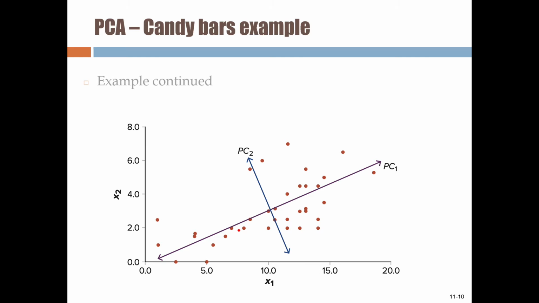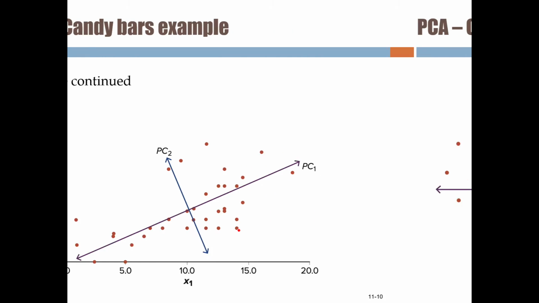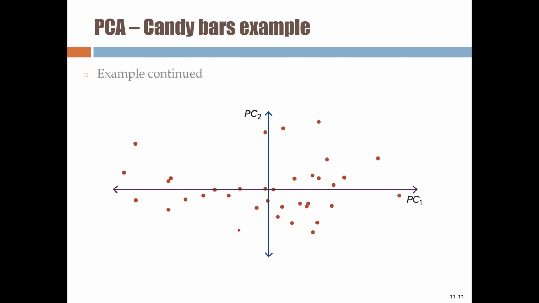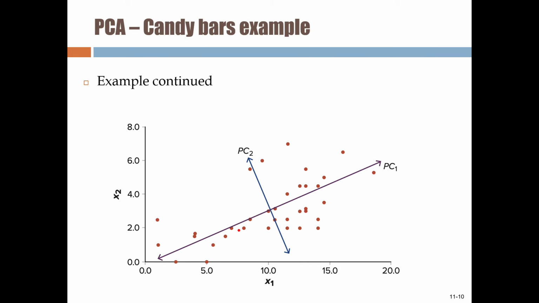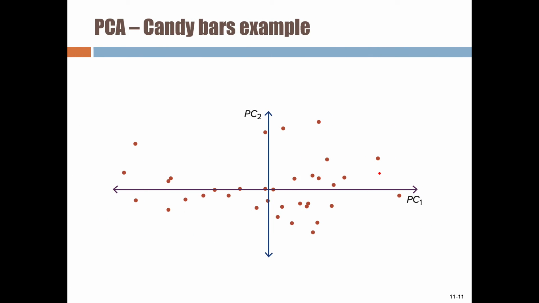Previously it was like this, and now we changed our axis, we just turn it this way so that we have new variables PC1 and PC2, right? So PC1 has more variation and PC2 has small variation.